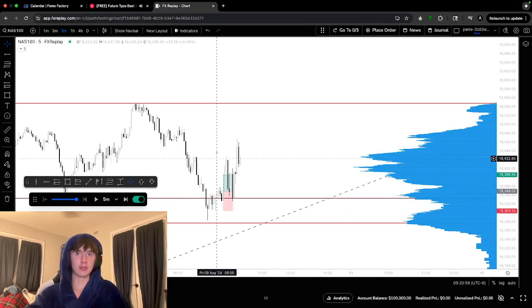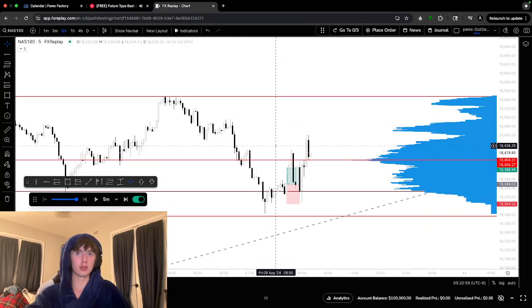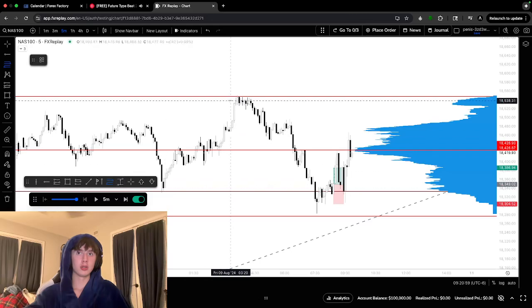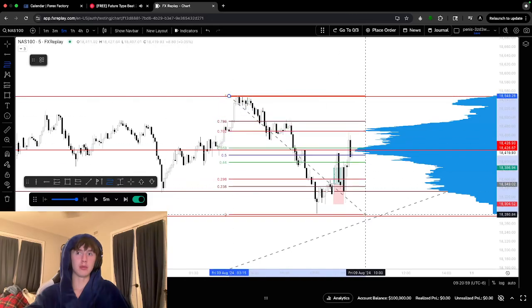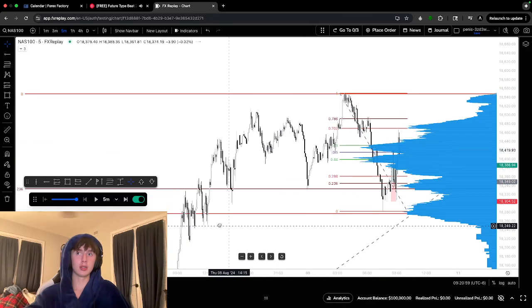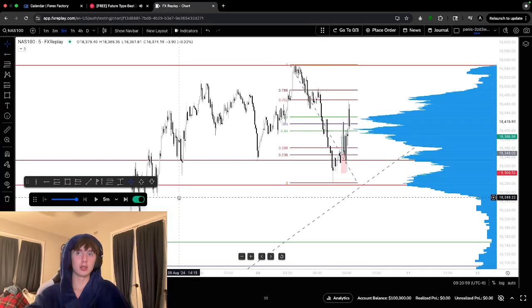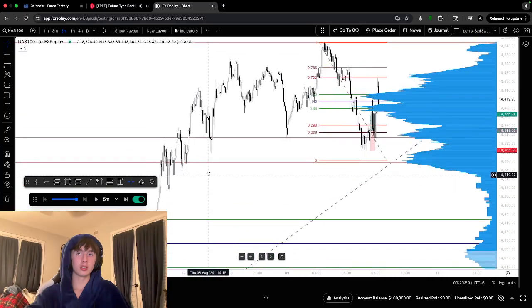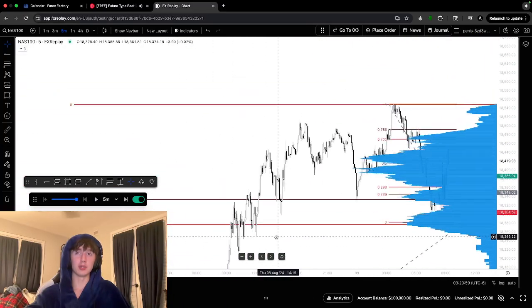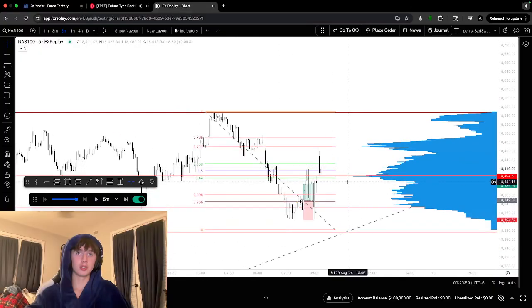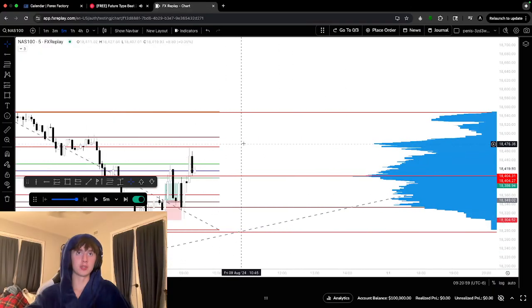Low key, this is an opportunity to short right here. Even though I'm pretty... I am bearish though. I mean bullish. Don't know if I want to be taking shorts.